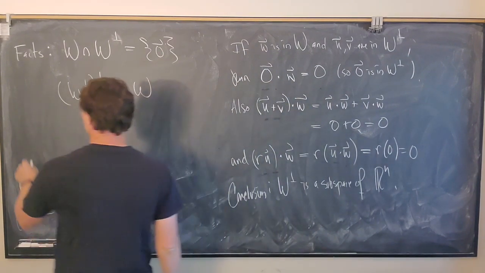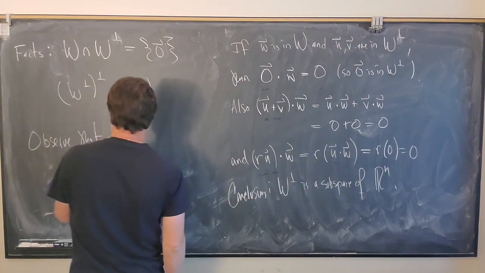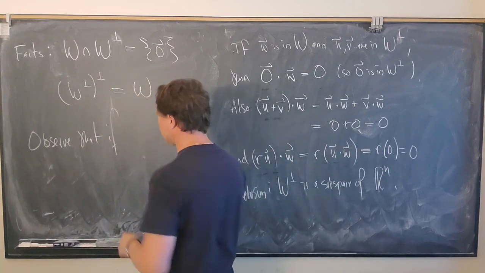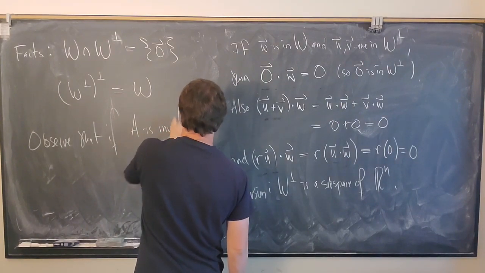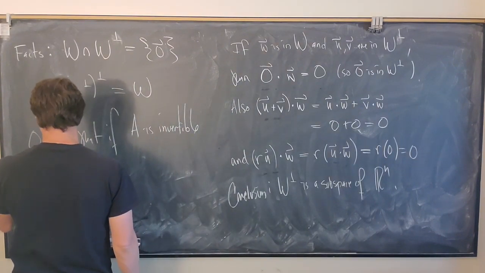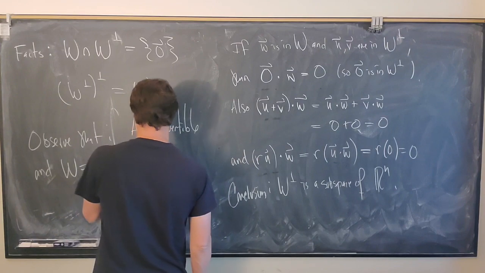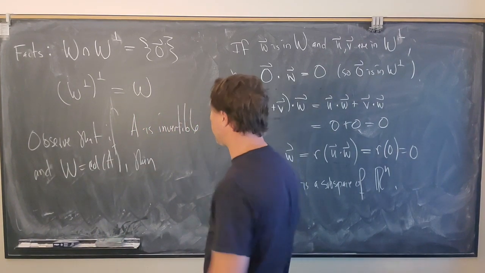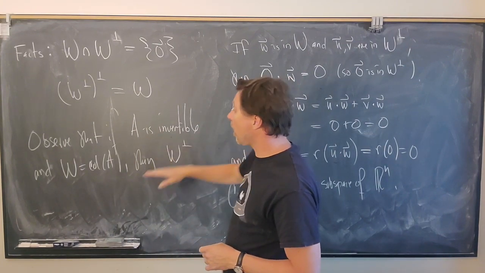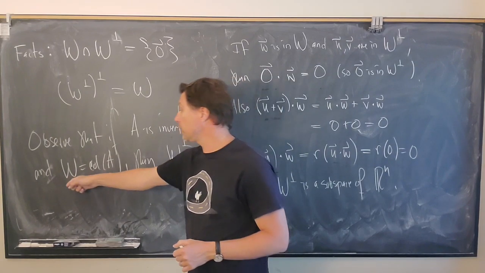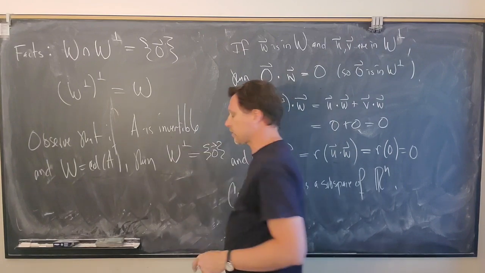Now, let's observe that if A is invertible, and let's say W equals the column space of A, then what does that tell us about W perp? Well, if A is invertible, then the column space of A is equal to Rn, so W is equal to Rn, so that means there's nothing left for W perp to be except the zero vector.